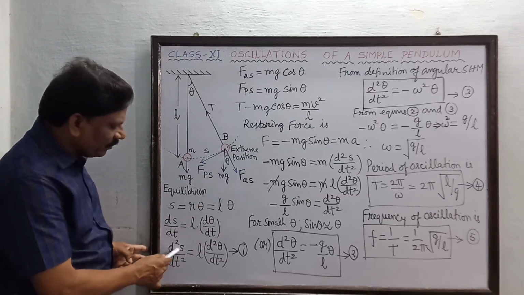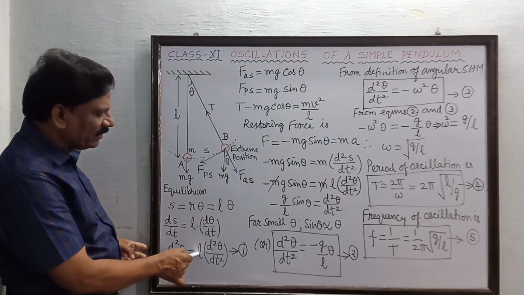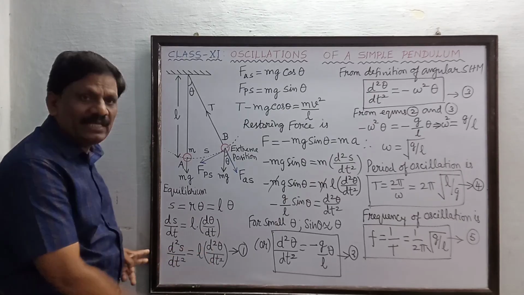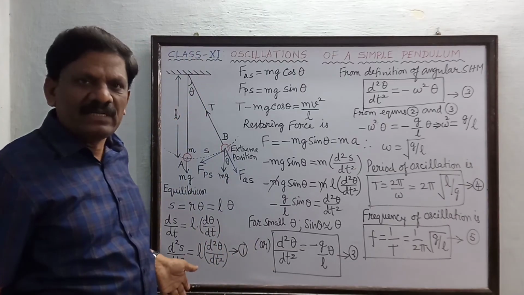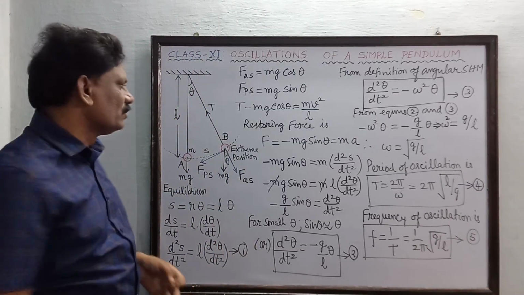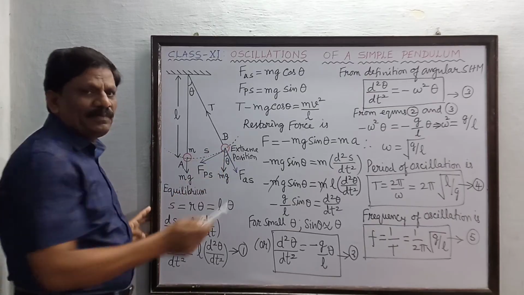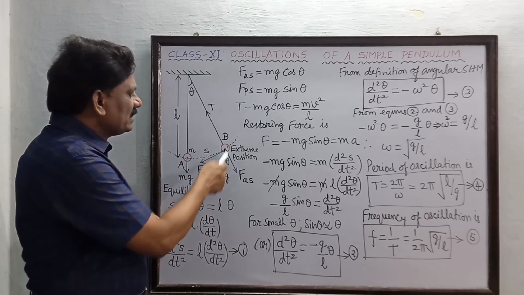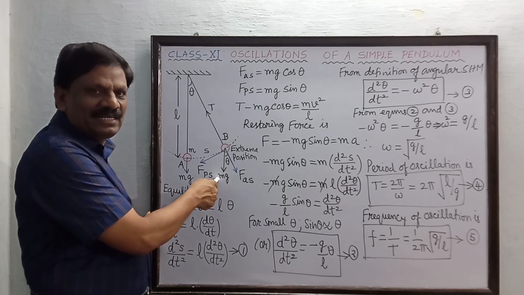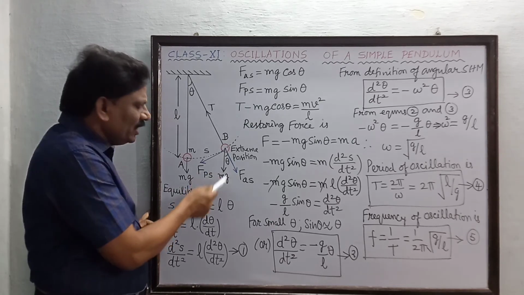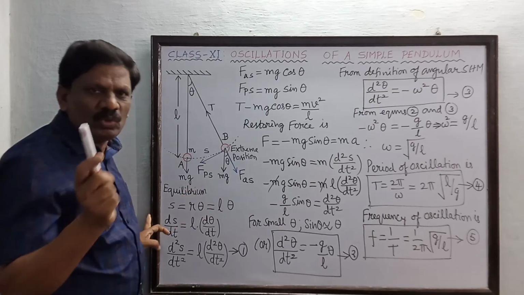And the second derivative d square S by dt square is equal to L times d square theta by dt square. This is to be understood. First you write this step, afterwards everything will be understood. Now at the extreme position B, the weight is still acting in the vertically downward direction, mg, is it not? And if this angle is theta, you resolve this mg into two components.